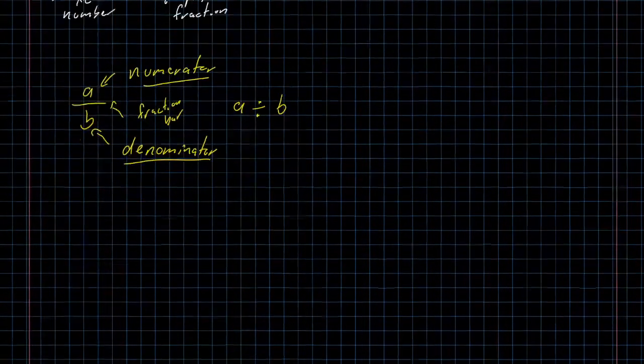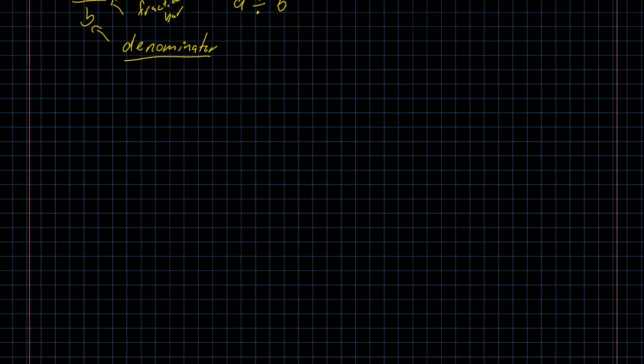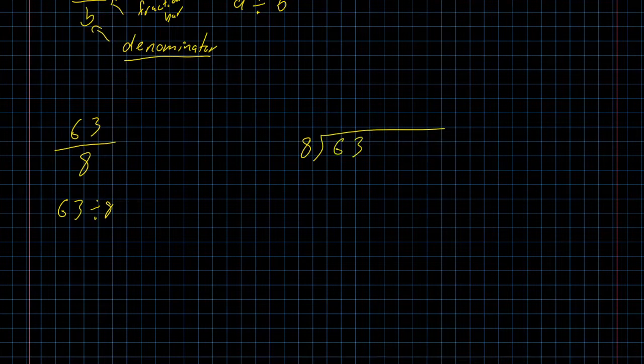So if I have an improper fraction, like 63 over 8, well, 63 over 8 means 63 divided by 8, which I can set up in long division. 8 fits into 63.